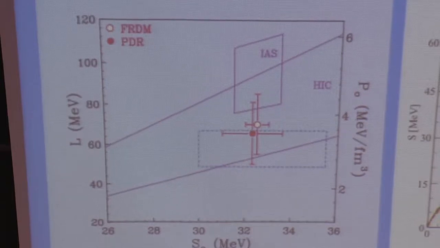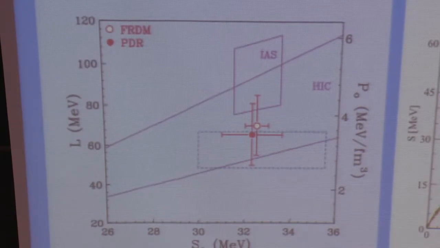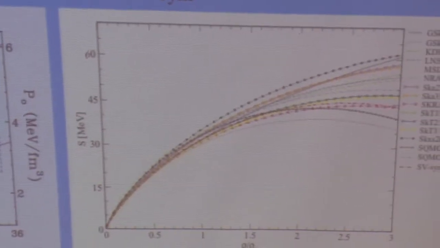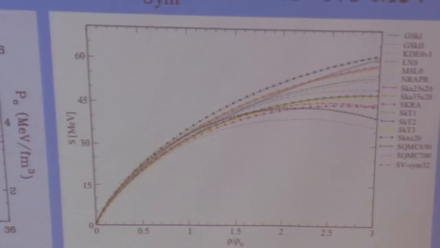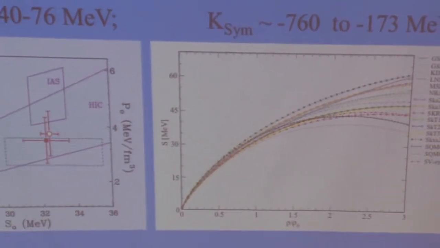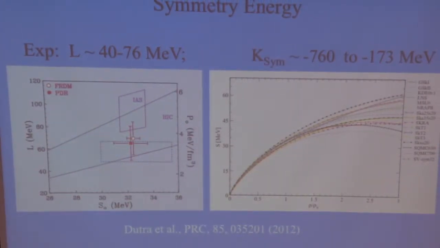Nuclei have a kind of vibration mode in which the charge separates. Neutrons go one way, protons go the other way, and there's a subset of that. And that's just a calculation from a model. But all these together put a constraint on what this L parameter can be.